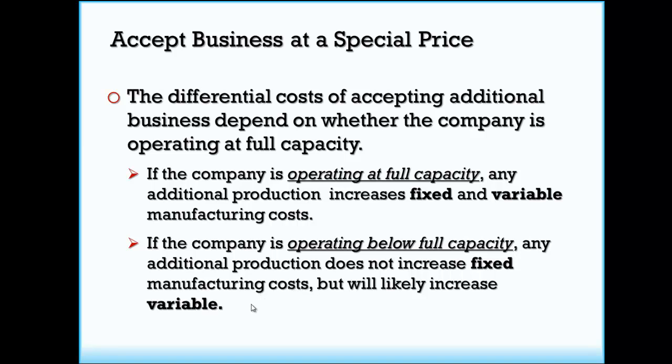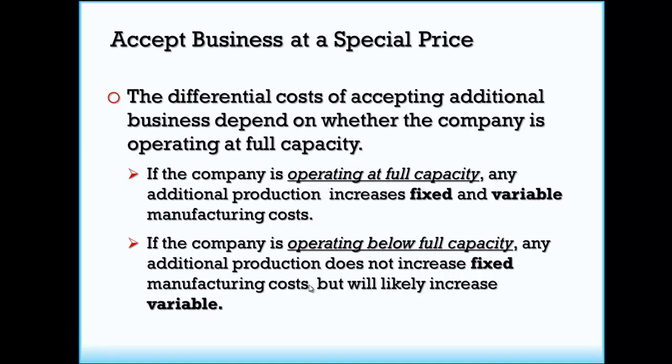So if we make extra units and we have room in the factory, we're not going to have to add on to the factory. Or if supervisors that are paid a fixed amount have extra time, they could handle supervising more work. So that's not going to be an additional or incremental cost.